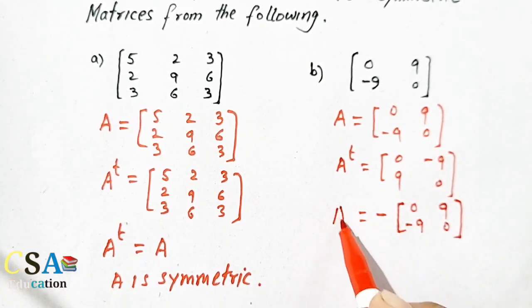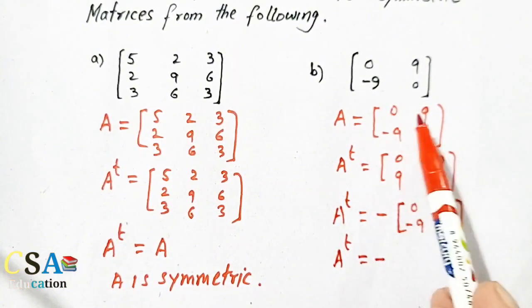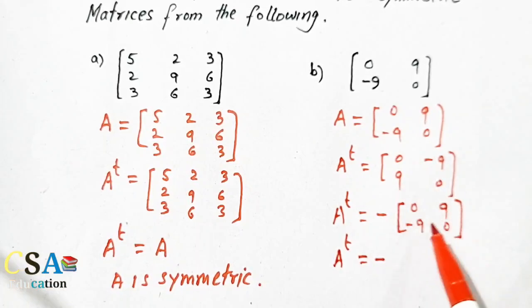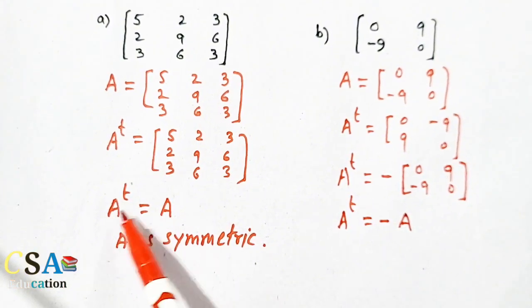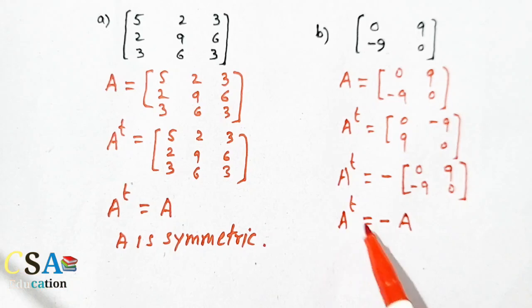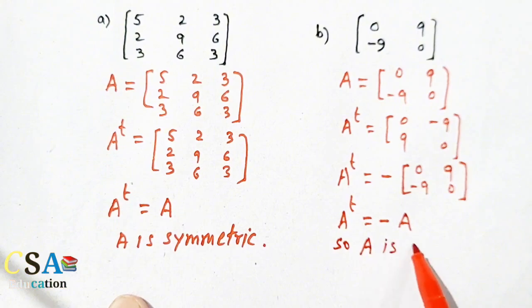So A transpose is equal to minus A, where A is 0, 9, minus 9, 0. There is a simple difference: if A transpose is equal to A, A is symmetric, and if A transpose is equal to minus A, it is skew symmetric. So A is skew symmetric.